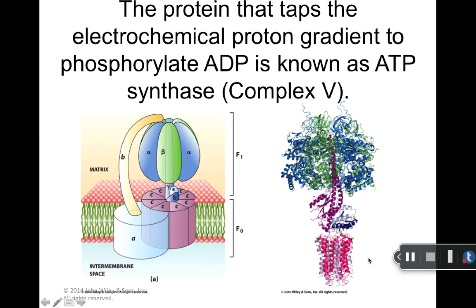Here's another representation of that enzyme. This shows a ribbon diagram of the enzyme just to give you an idea of the 3-dimensional structure of the enzyme. This is the part that's embedded in the membrane, and this is the part that extends into the mitochondrial matrix and rotates to form ATP by a process called rotational catalysis.